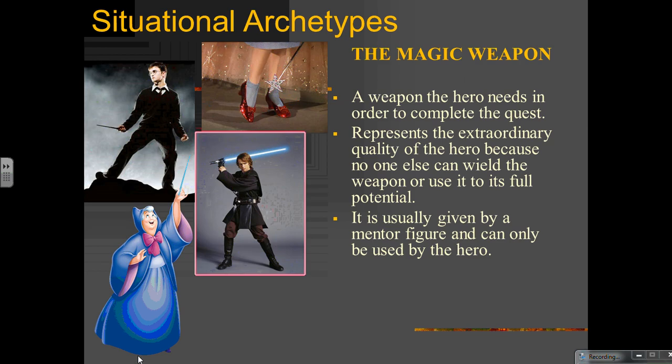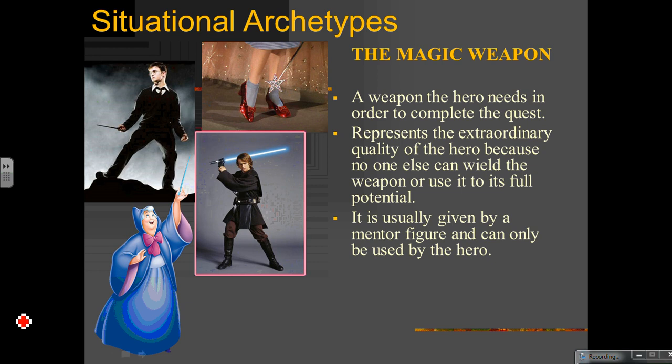The next one is more of an object. It's the magic weapon. It's the weapon the hero needs in order to complete the quest, or complete the task, or complete the ritual, or complete the journey. In The Princess Diaries, Princess Mia literally has her own magic weapon, and that is her butler's limo that takes her up this insurmountable hill that she can never drive up, so that she can complete her initiation of being the princess of Genovia.